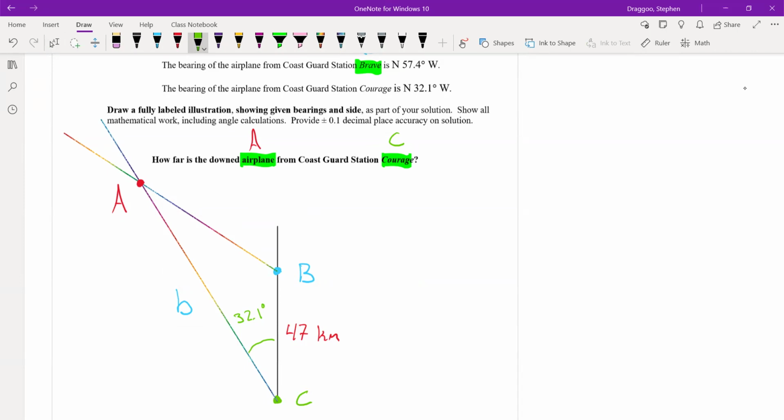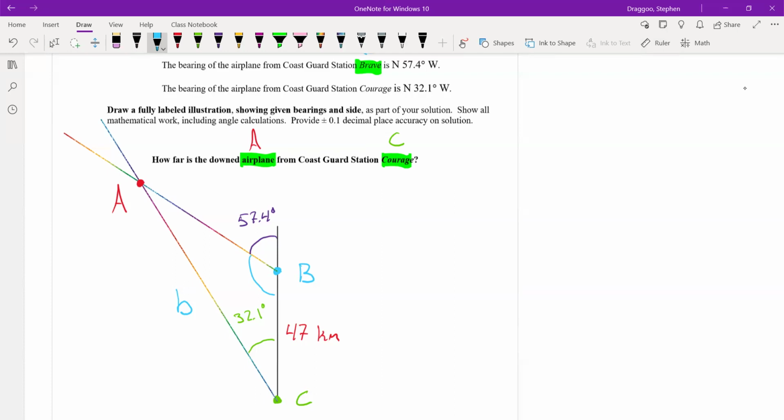And then I also know the bearing angle up at point B. It's 57.4 degrees, but I need to be a little bit careful here because 57.4 is not the measure of angle B. Right, B is the angle that is on the interior of the triangle. So it's really that angle right there. It's the supplement to my bearing. I need to keep that in mind when I'm solving the triangle here in a second.